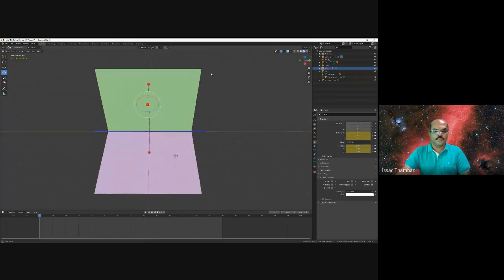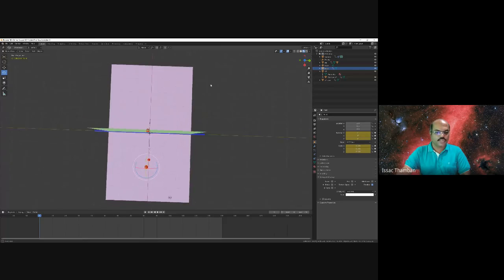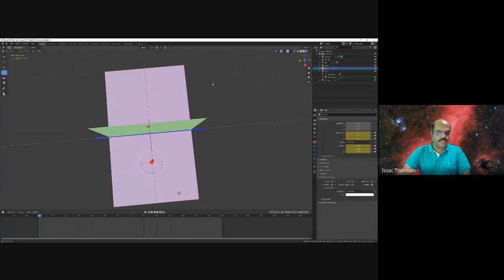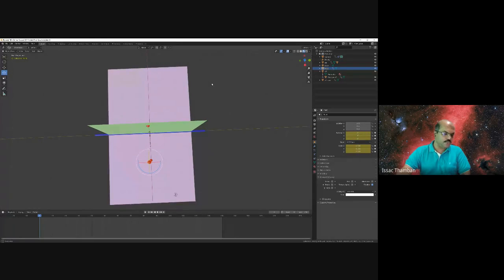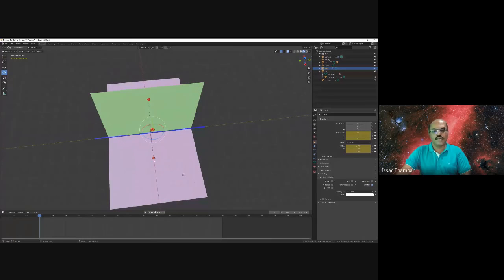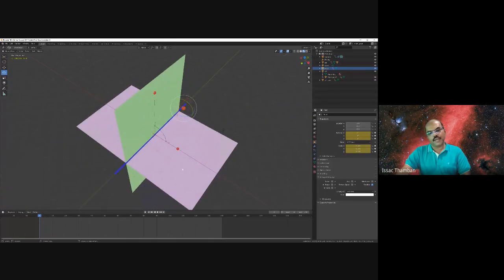Now, suppose that the observer is standing somewhere here. That is, he is looking from the top. He is looking downward. What will happen? The projection of this point will be obtained over the horizontal plane. This is the object, and this is the projection of the point obtained over the horizontal plane.